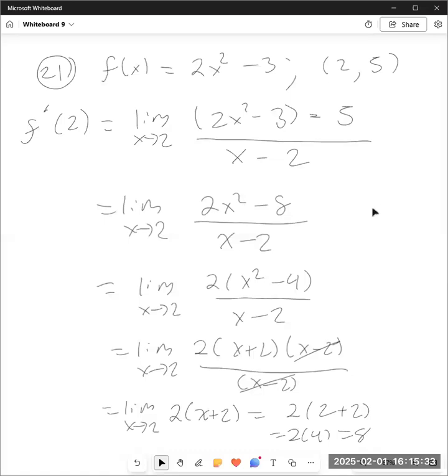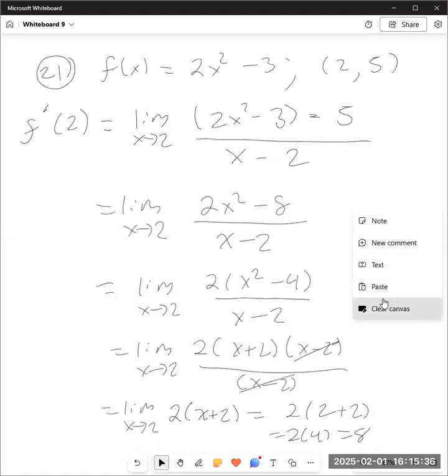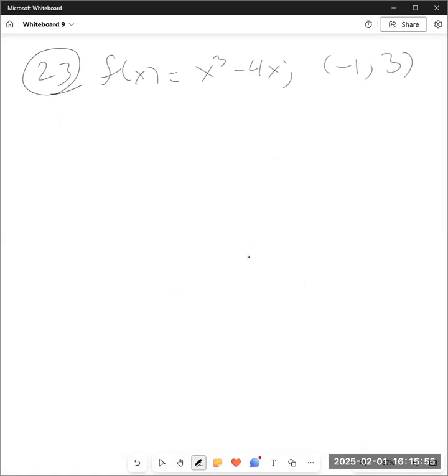Let's look now at number 23. This is f of x is equal to x cubed minus 4x at the point (-1, 3). So let's find f prime at -1.